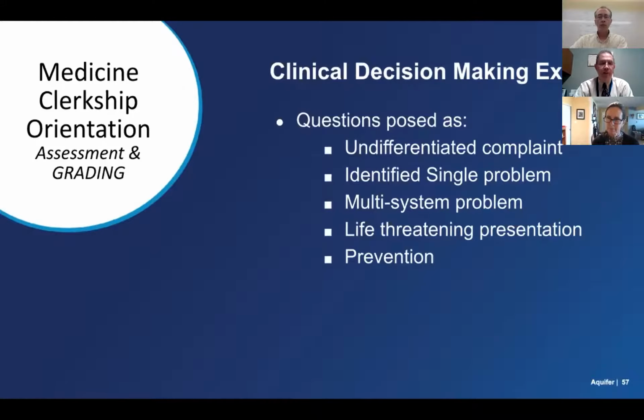And they can be presented also as a regular preventive medicine type of scenario. A 47-year-old woman comes in for an annual physical exam, and then they usually will give you a little more information about them at that point, and then they'll work their way through the exam. Next question.